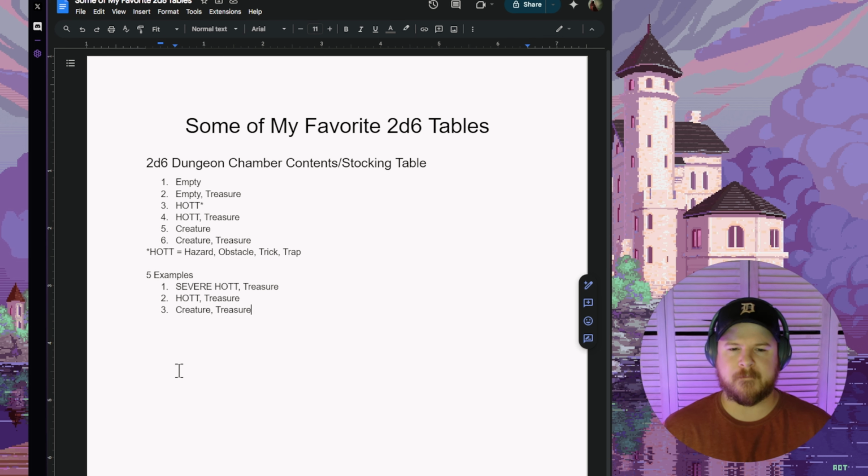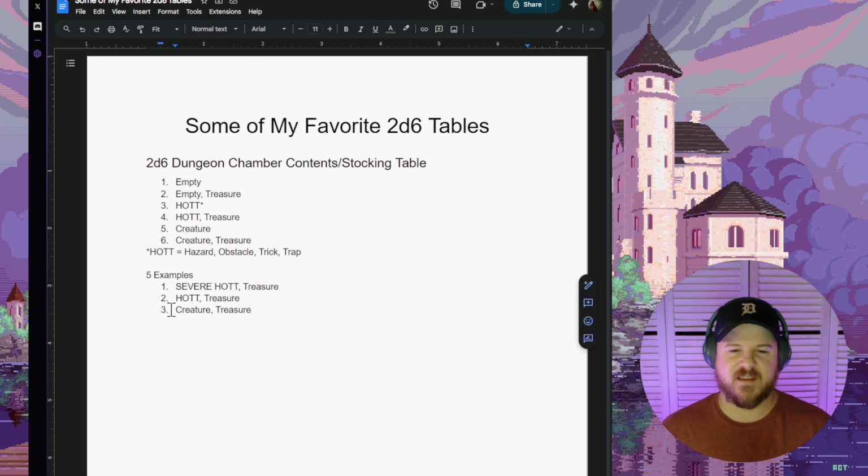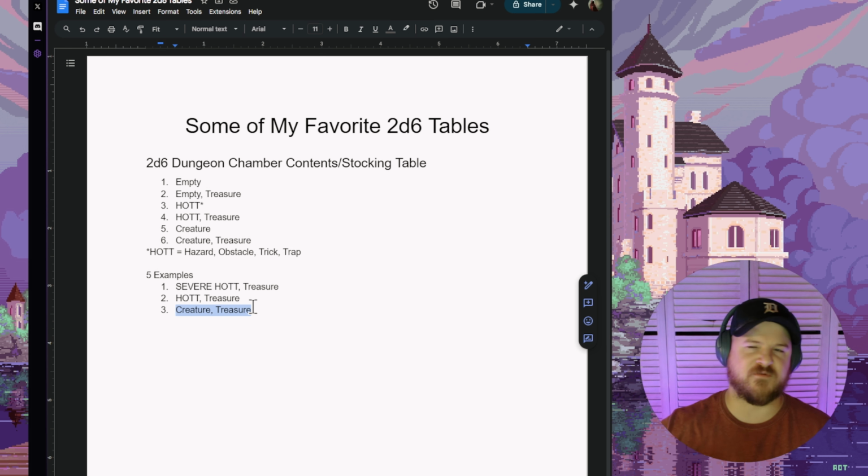It's important to remember that. It usually does, but not always. Especially if I'm doing these and PCs have run through maybe 2 or 3 dungeon chambers with creatures that they fought in a row, I might decide that the next random one I roll up is going to be more of a talky encounter.